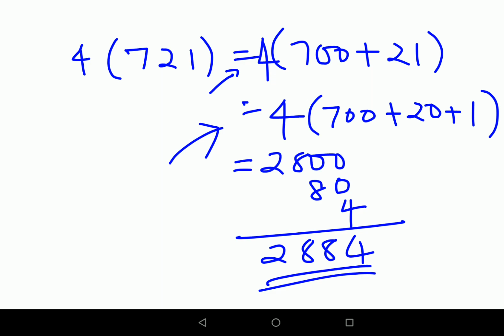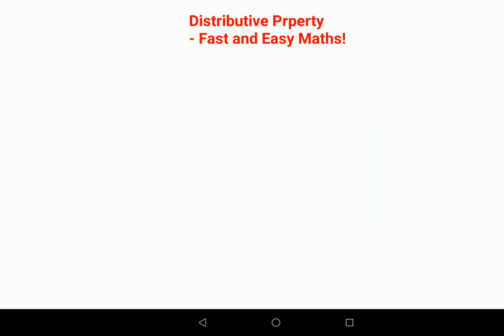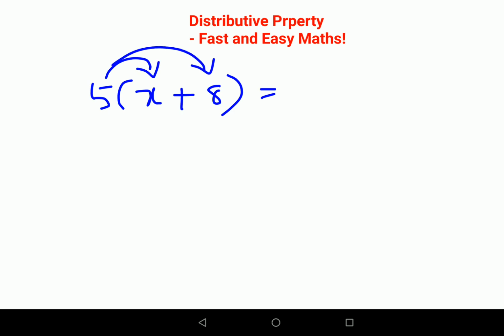Now please understand, most of you are used to using the distributive property when it comes to algebra, so I'm definitely going to show you that as well. So 5 into x plus 8: what you do is multiply 5 with x and 5 with 8. So you get 5x plus 40.